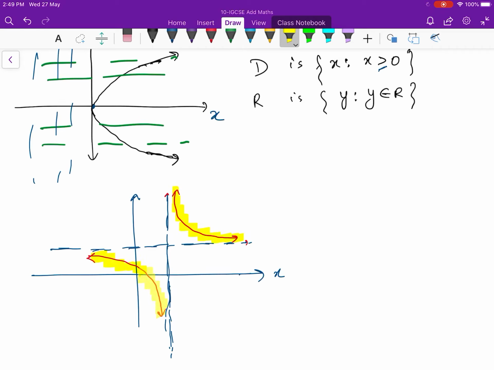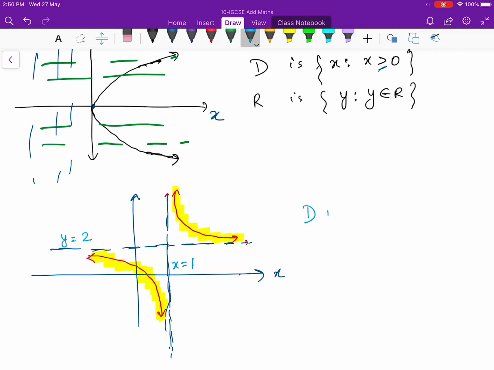So one vertical line is excluded and one horizontal line is excluded. Suppose this vertical line is x is equal to 1 and the horizontal line is y is equal to 2. So here x = 1 and y = 2 are excluded.